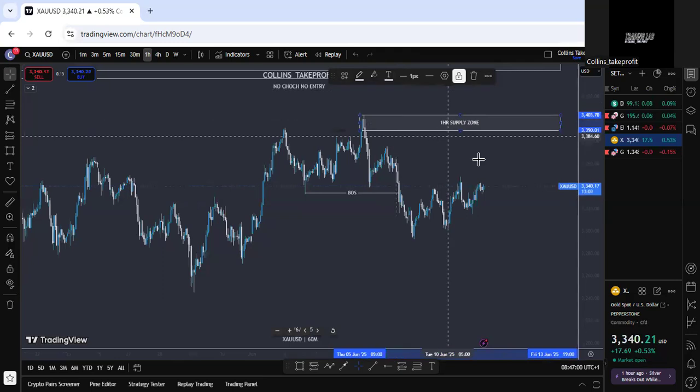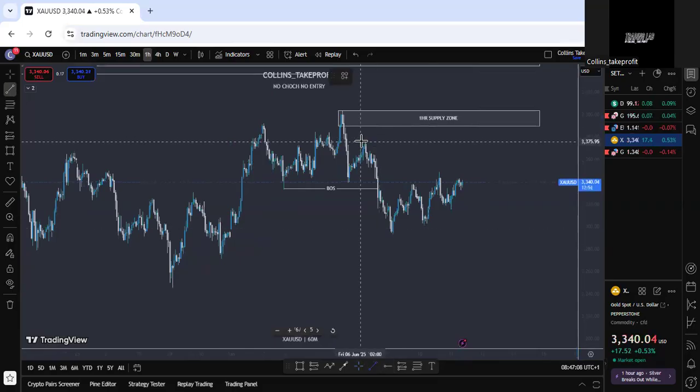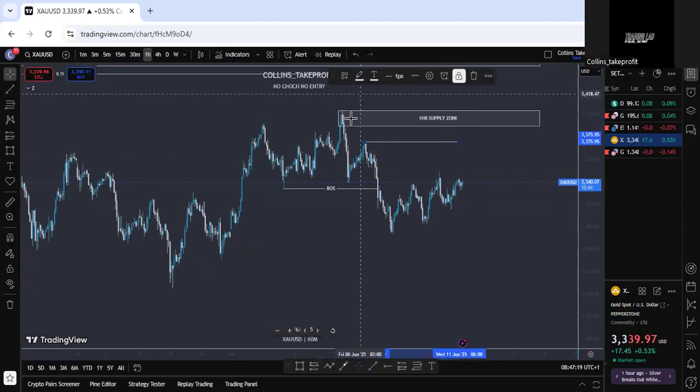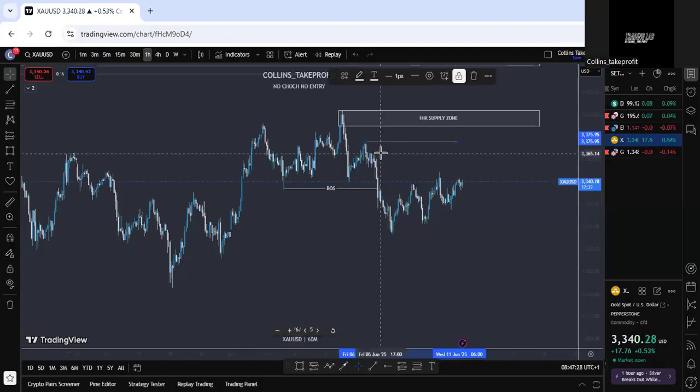All right, so now let's see if price pulls back to liquidity above this high. Price pulls back to liquidity above that high and we sell, all right, from that zone.